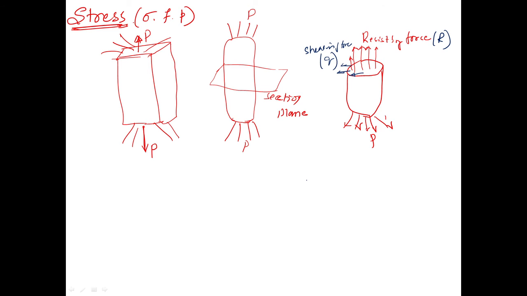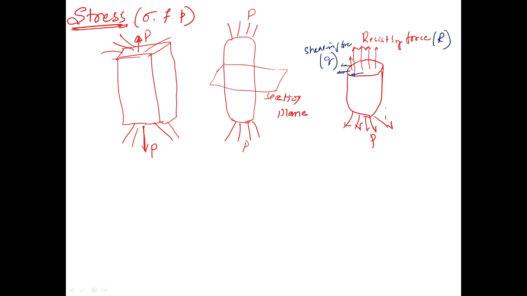the shearing resistance is less in comparison with the resisting force. Therefore the intensity of the resisting force is going to oppose the externally applied force.